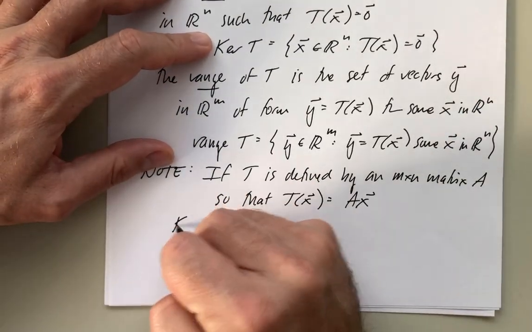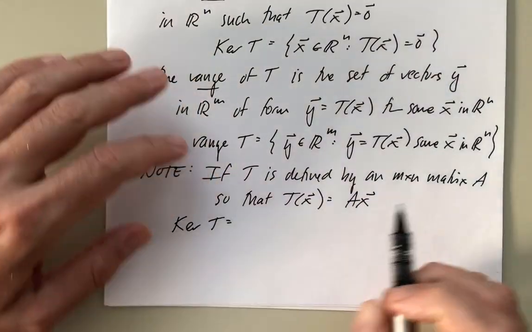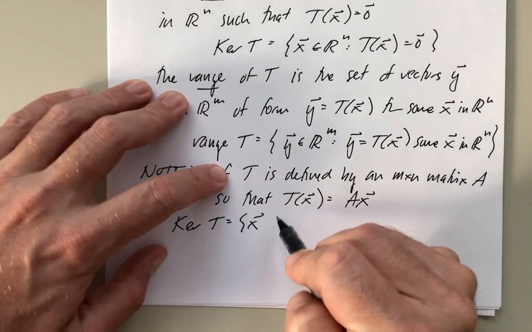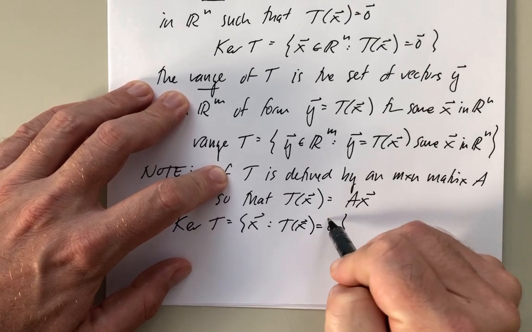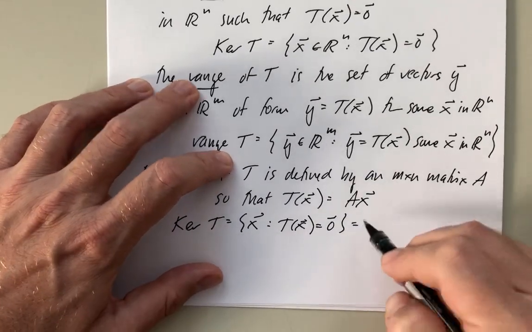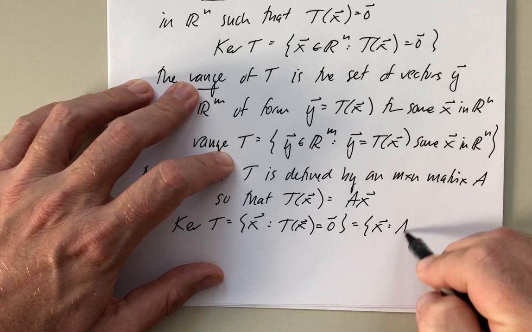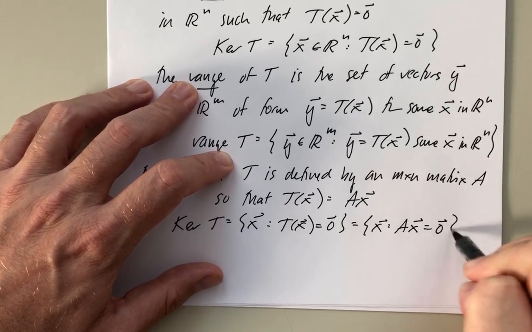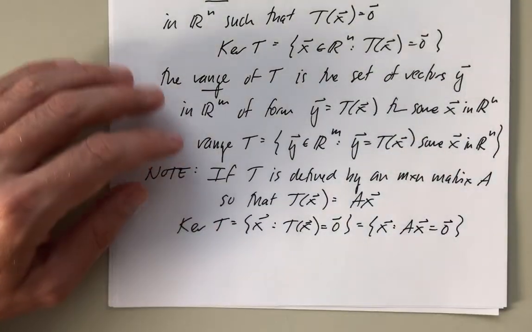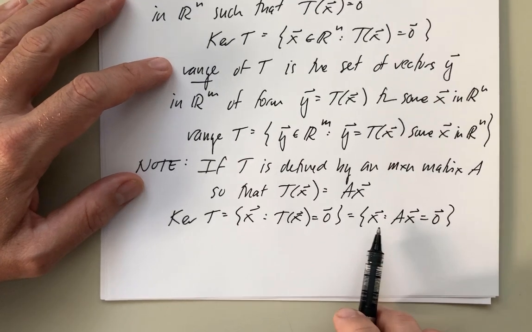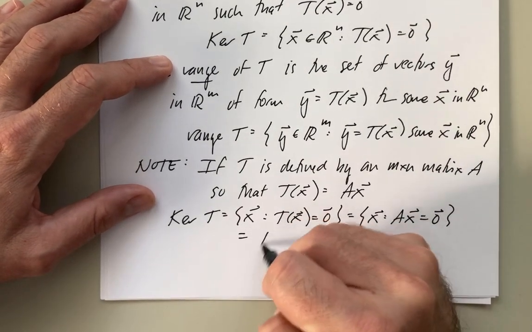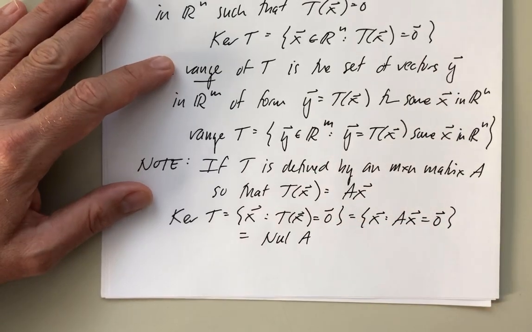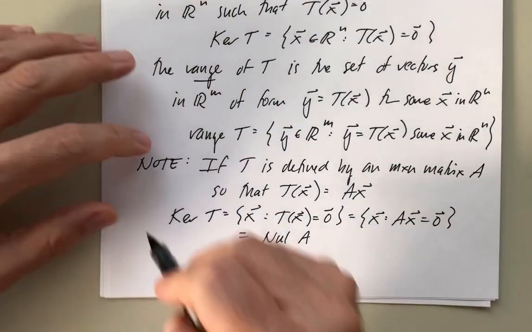The kernel of T, by definition, is the set of vectors x such that T of x equals the 0 vector. In this case, it's the set of x such that A times x equals 0. And that has a name: the set of vectors that gets sent to 0 by matrix multiplication is called the null space of A. That's what we were just talking about.